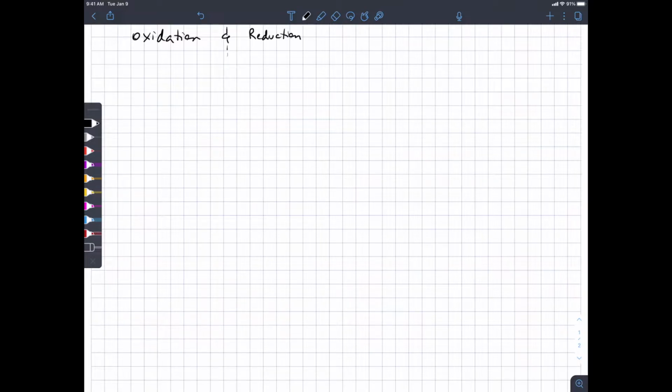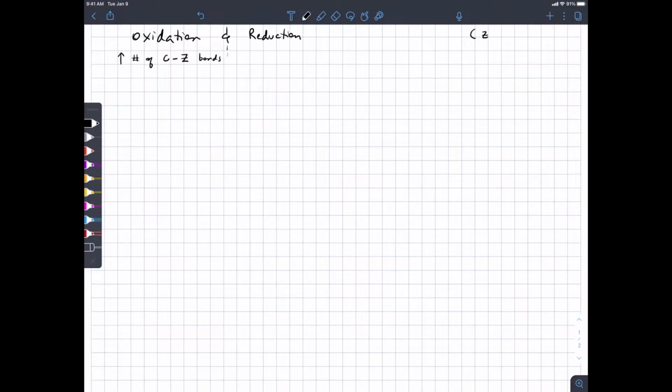So we're going to see that oxidation in organic chemistry leads to either one or the other or both of these: an increase in the number of carbon-heteroatom sigma bonds, not necessarily just sigma, just general bonds.